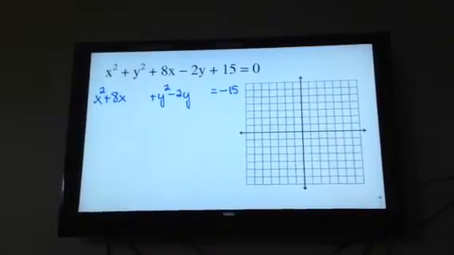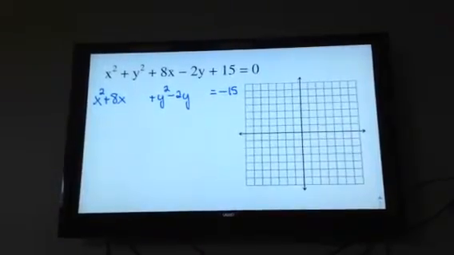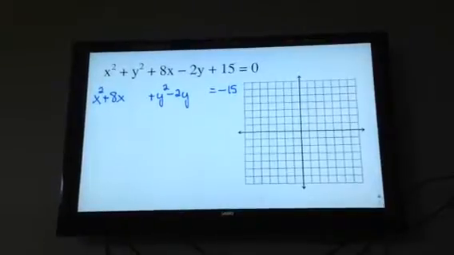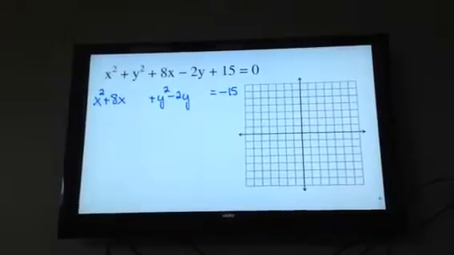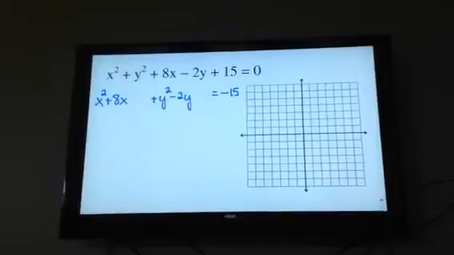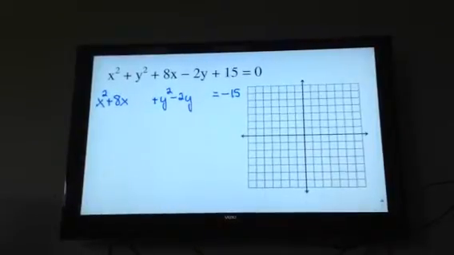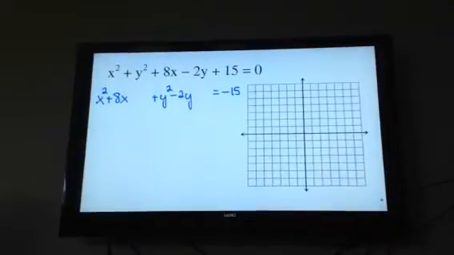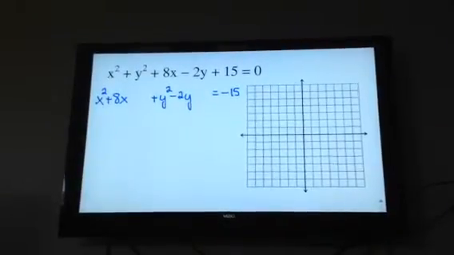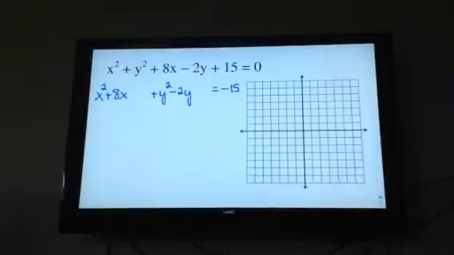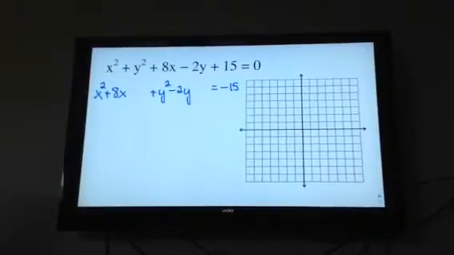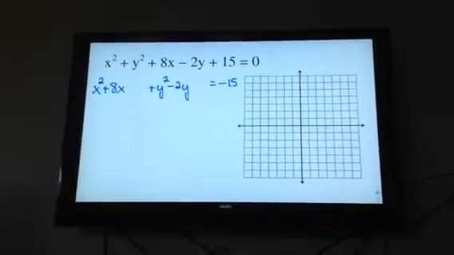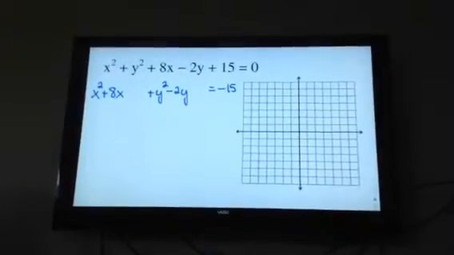So group your x's, group the y's, and move the constant to the right side of equals. And then we're going to do all this in our head, because I'm not going to give you odd numbers that give you fractions. They're all going to be nice even numbers to work with. Okay, so this should be very doable up here in your head without writing it.